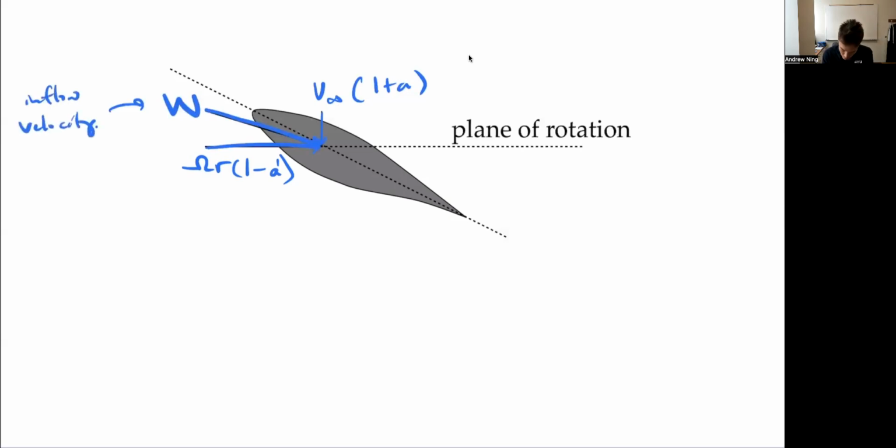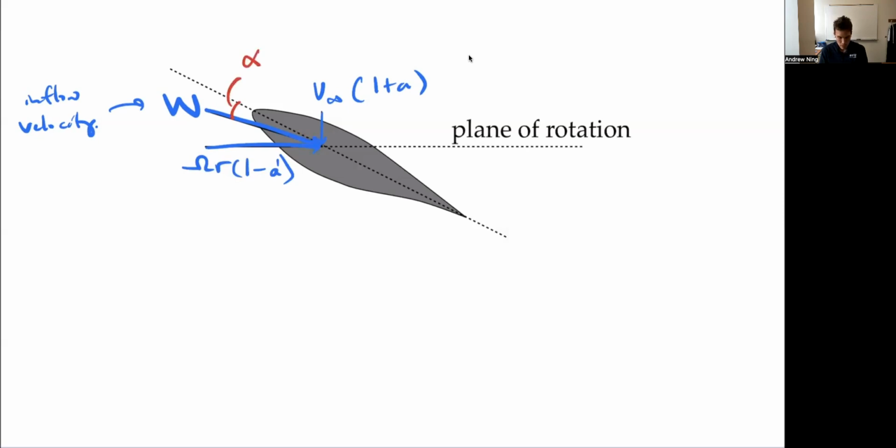So you'll notice it's quite a lot like our regular case with the wing, except the angle of attack was created just from one velocity, and here it's created by this combination of velocities. So it's a little more complicated, but things look more or less the same. Now you can see that this is my chord line of the airfoil, and so this angle here, that's my alpha, angle of attack.